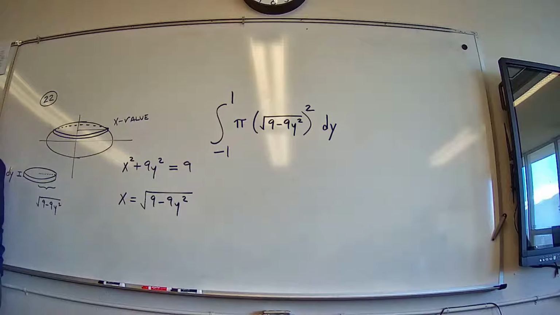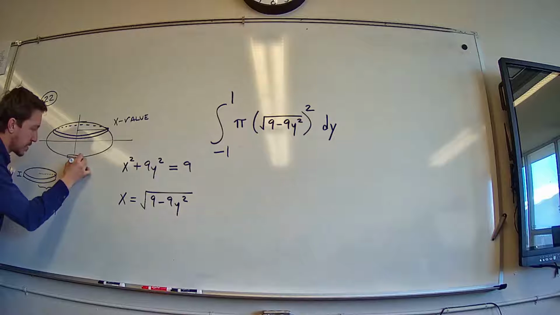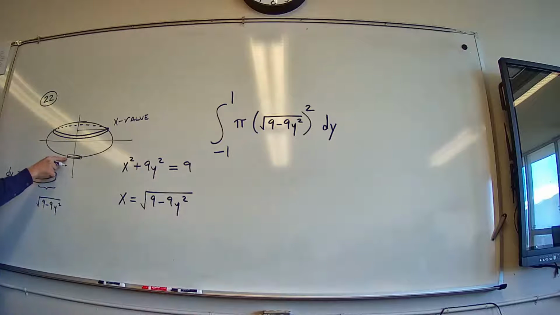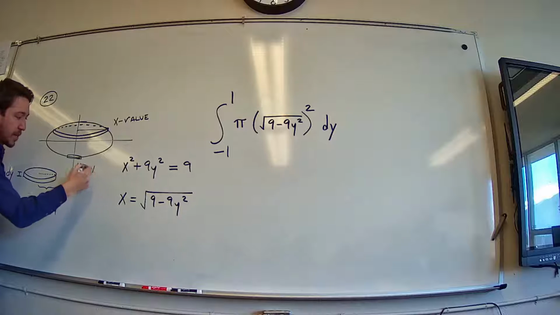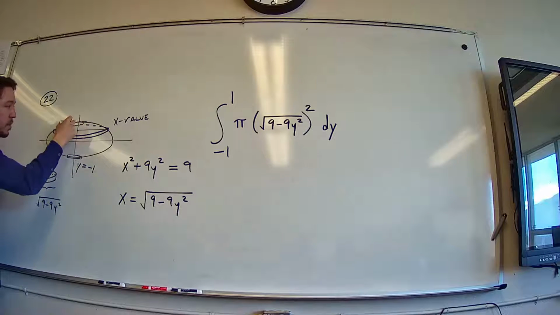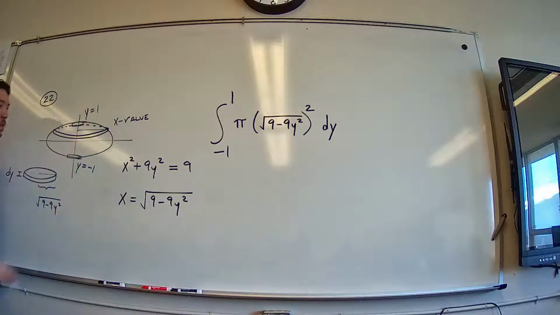Well, technically there's not a first disk, but the earliest disks. There's disks down here. What kind of y value do those disks have? They have a y value of close to negative 1. And how about disks at the top? They've got a y value like positive 1. Can you do 0 to 1 and then multiply it by 2?